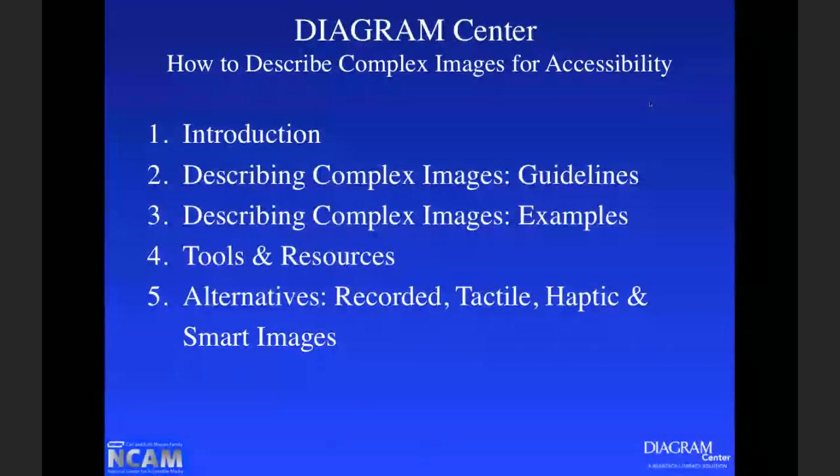I'm going to do a little introduction, and we're going to go right into guidelines for describing complex images, and then the real meat of the presentation is moving through some examples and taking what look like quite big, impressive, scary projects in describing some very complicated images and really breaking it down and giving you some hooks into how to tackle some of these complex images. And then the PowerPoint also has tools and resources, and then some other alternate methods of providing access to complex images we'll just move through very quickly at the end.